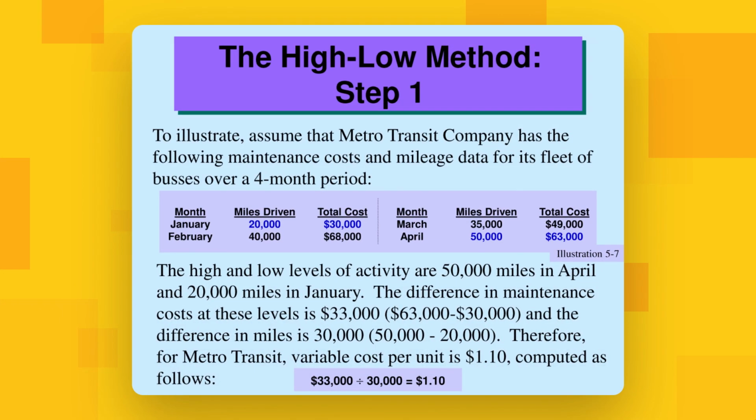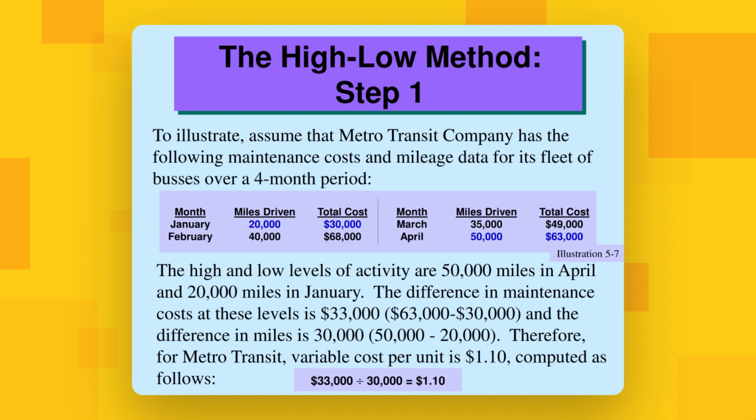It is 50 in April. What would be the cost of the highest activity? It's 63,000, not 68,000. Look at February: you have 68,000 there, the highest cost. But it should be the cost of the highest activity, which is 63,000.